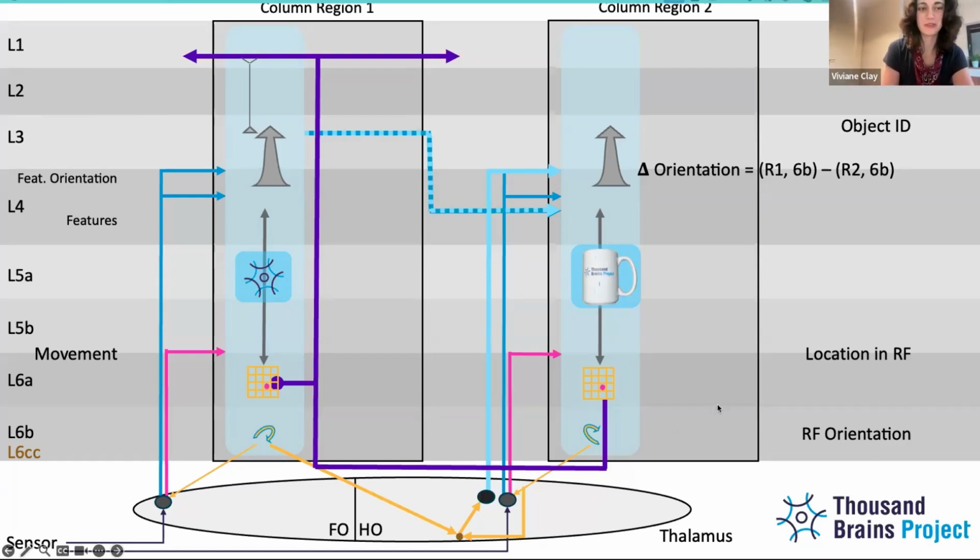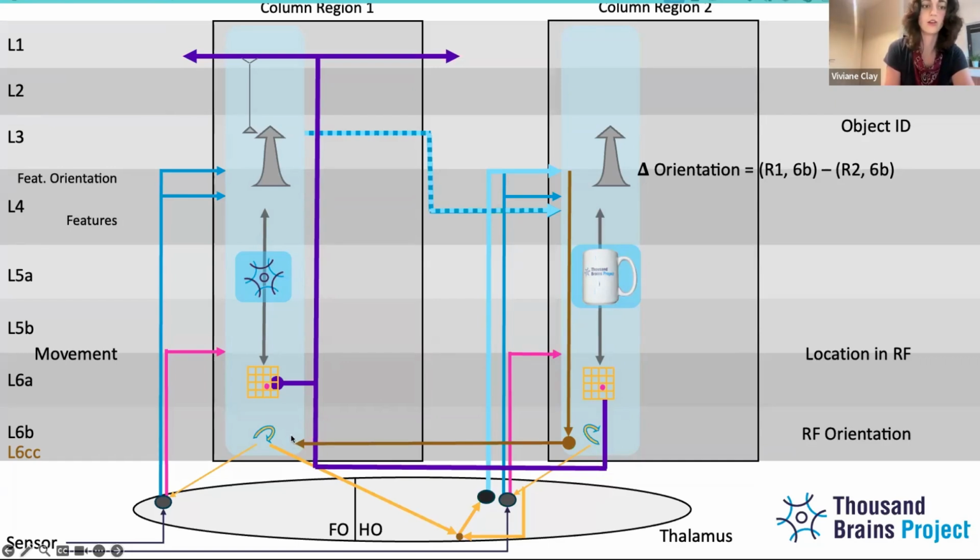So lastly, we also want to inform the lower level column about at what orientation it should expect to see the logo. And for that, a proposal we have is that that information is basically taking the orientation we stored in the model up here, the orientation of the logo relative to the cup, and adding it to the detected rotation of the cup, and then sending it over here.